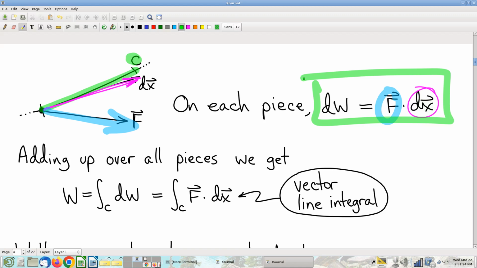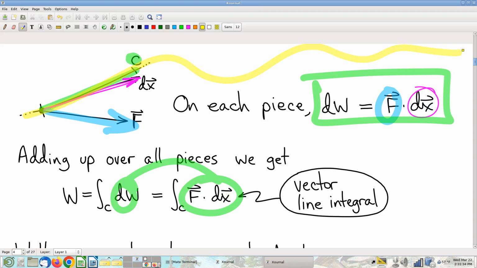And then I just add that up over all of the pieces. Adding up over all the pieces, looking at the whole curve, we get this expression here, integral F dot dx. Before I erase and move on, let me pause. Everybody see how that played out?